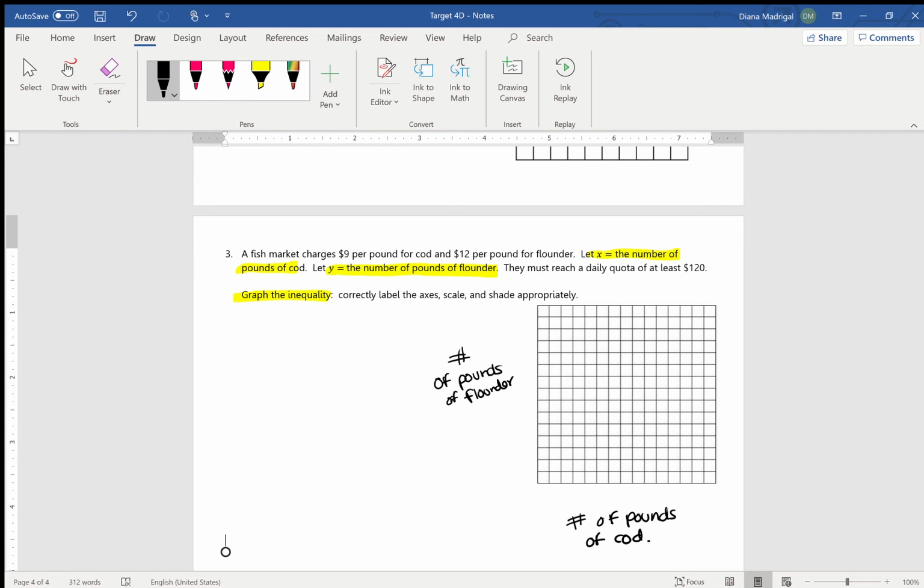In order for me to figure out the scale, I need to find my inequality. I need to write my inequality. Again, to write inequalities, remember you put on one side the total amount and on the other side your expenses. It doesn't matter if you put the expenses first and then the total, or the total first and then the expenses. What matters is how you put the inequality sign.